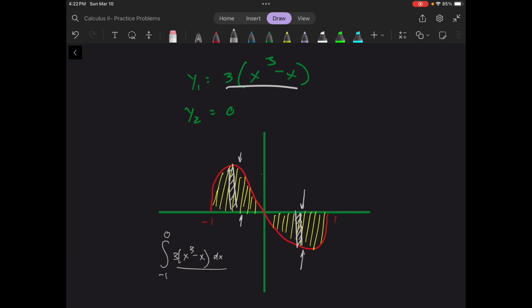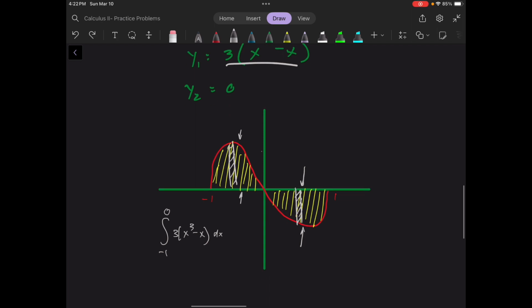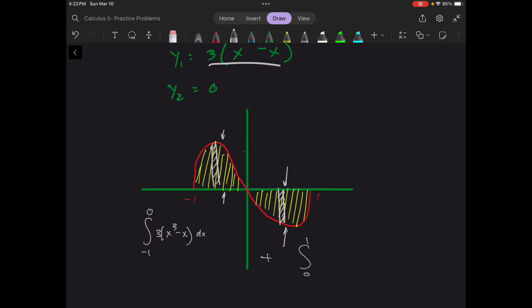This represents the area of one slice, and this integral right here represents adding up an infinity amount of those slices, right? And then we want to add that to the integral from 0 to 1 of this infinite amount of slices, which is instead 0 minus 3x cubed minus x. This is the top function minus the bottom function. Top minus bottom gives displacement, as does right minus left, which we will look at later.